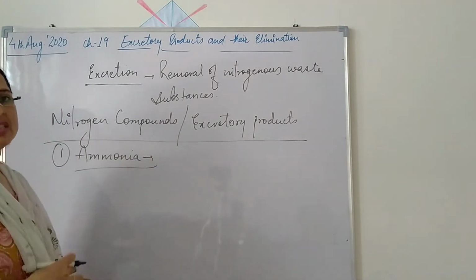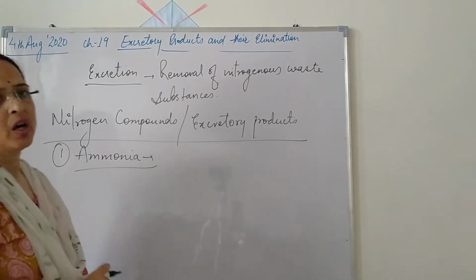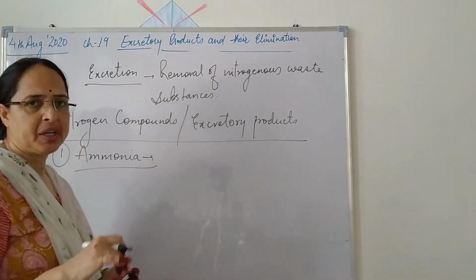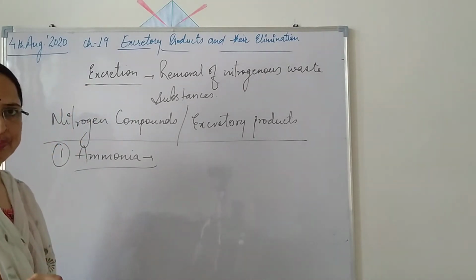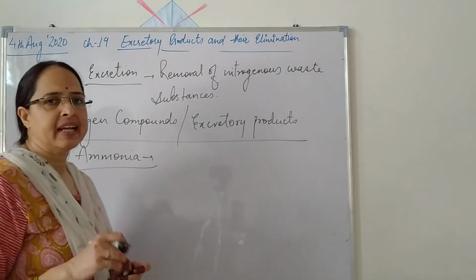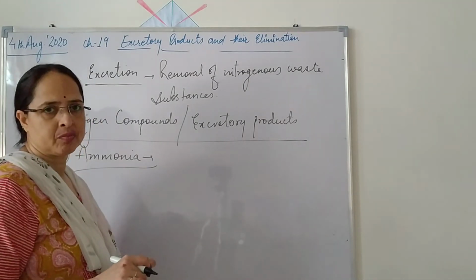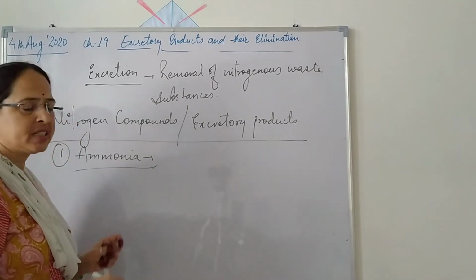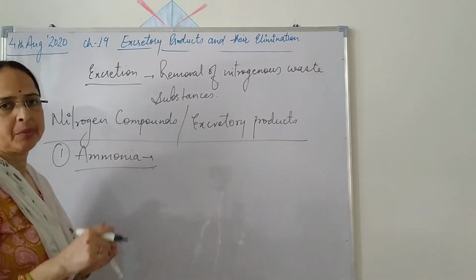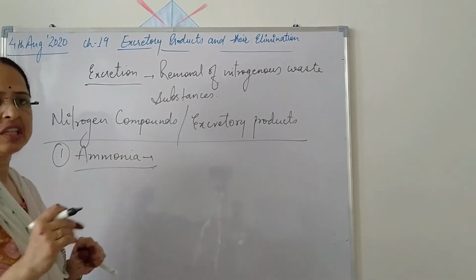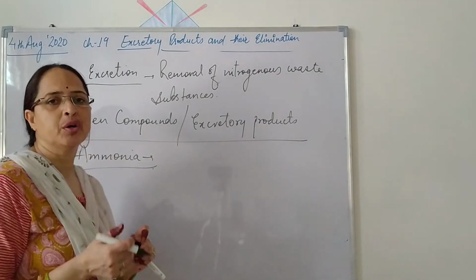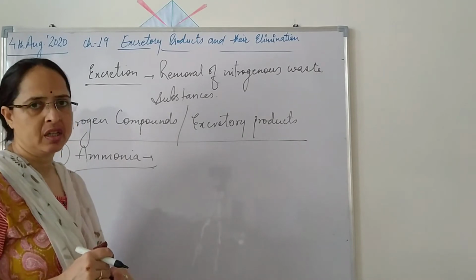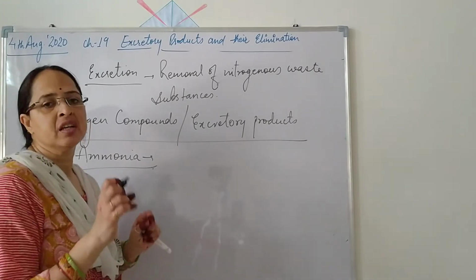Ammonia is the compound which is formed in aquatic organisms like fishes, and even aquatic amphibians. This waste product, ammonia, is very harmful and it may damage the internal organs if it is retained inside the organism's body. So its removal is done fast.